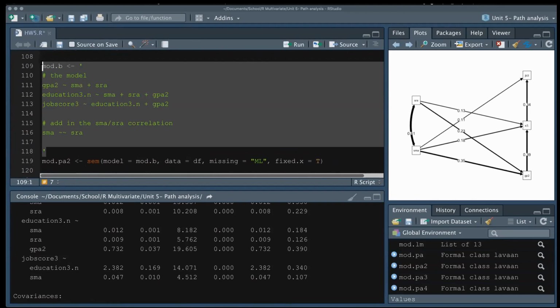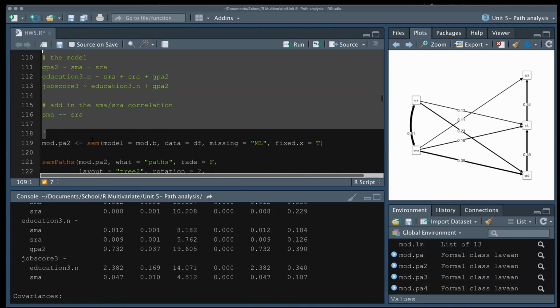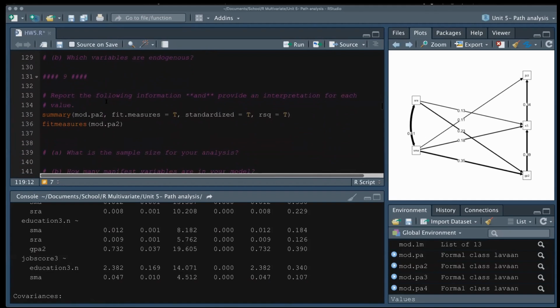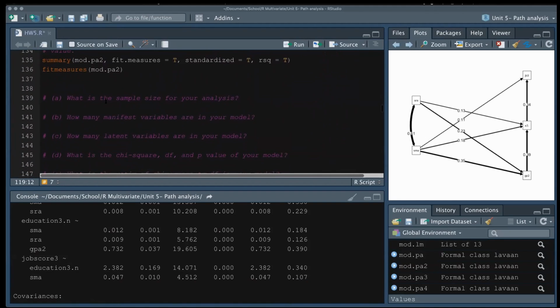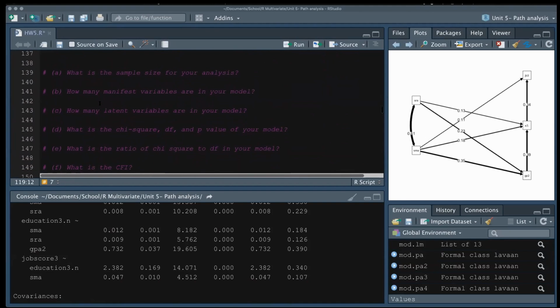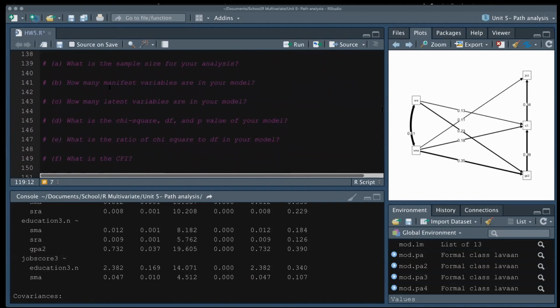We'll specify a model as a CFA, fit it with the cfa function, and then interpret our summary. We're still looking at the same types of things, the chi-squares and all that. So just previewing that, when we get to the next lab, it will seem like we're not doing much different, because from the R side of things, we're not. It's going to be incredibly similar to what we've been working on for these last couple weeks.